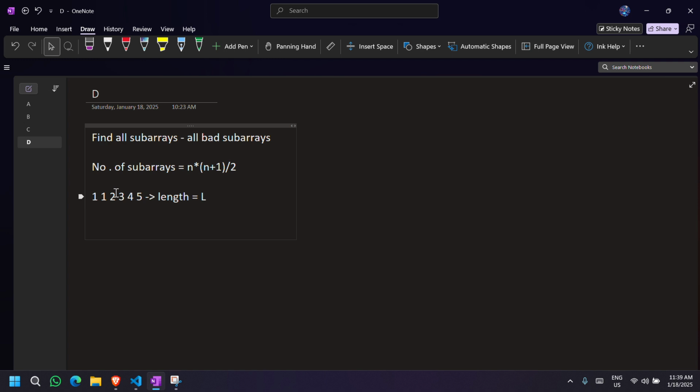The possible medians are, let's fix this number 2. Then I am finding the number of subarrays having median equal to 2, which is bad.